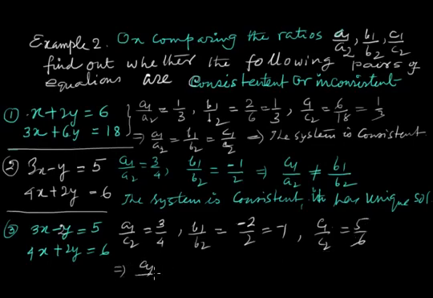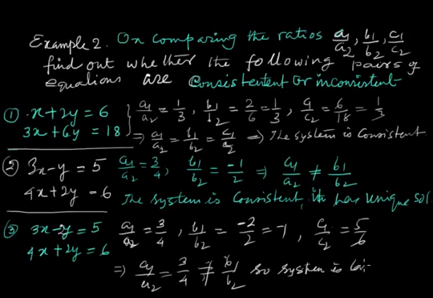So A1 by A2 is not equal to B1 by B2. Again it has a unique solution.